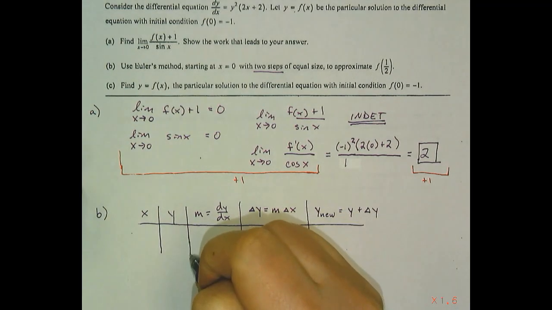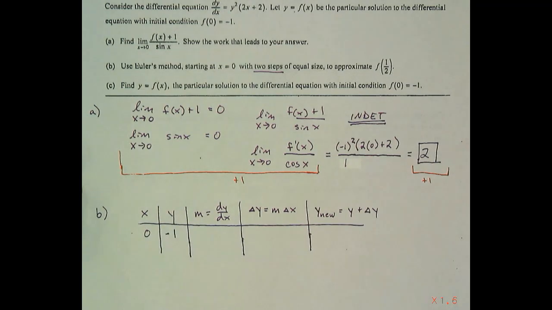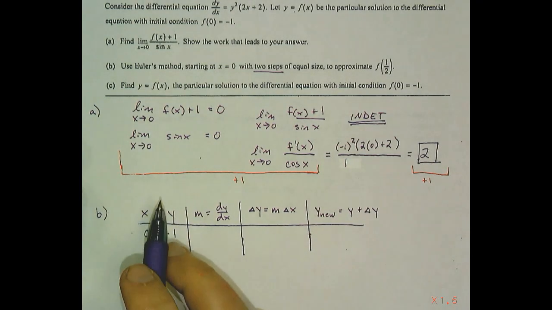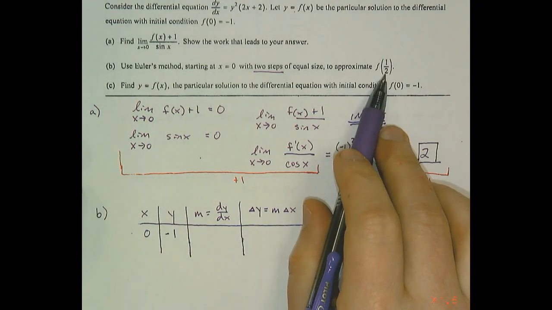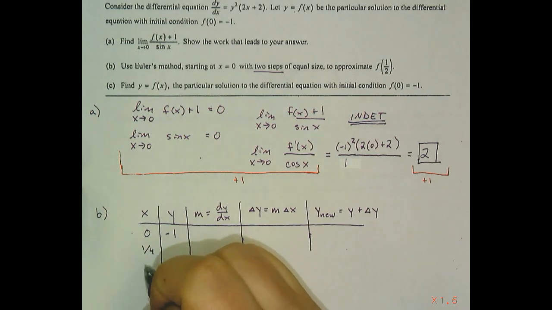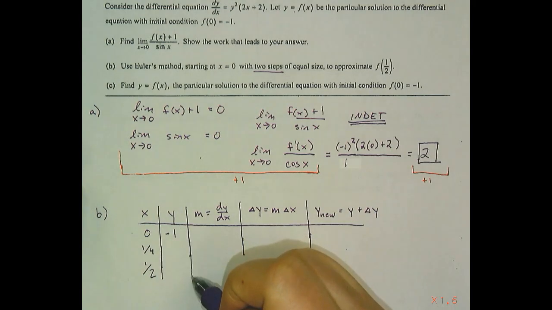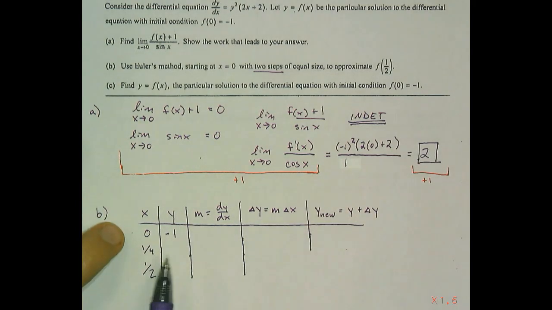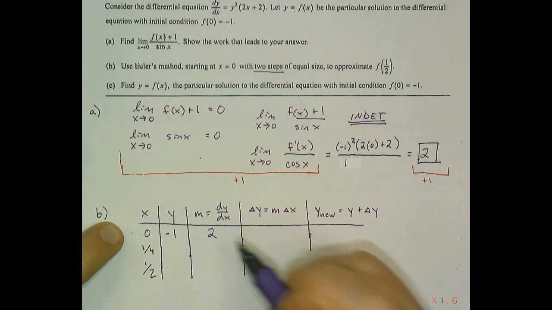Then we insert our seed value of 0, -1. If we're going to do 2 steps leading up to 1/2, our step size is equal to 1/4. Inputting 0, -1 into the slope, we actually did that already, so we know the slope is 2.